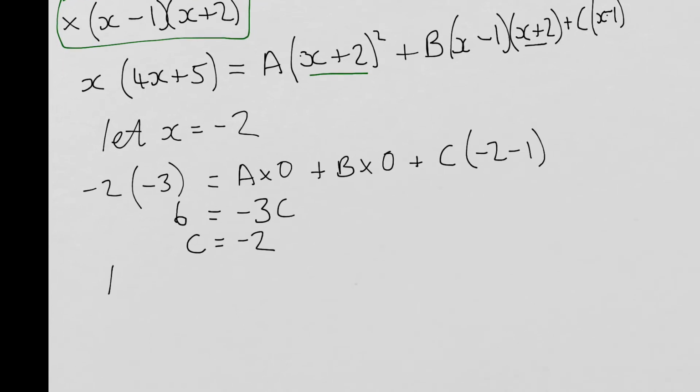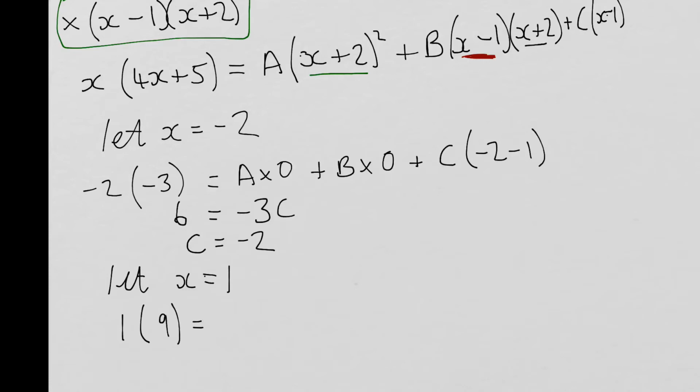Let's have a look at the next one. So here I'm going to let x be equivalent to 1, because that will then allow this bracket here to be equivalent to 0. So on my left hand side I'll have 1 times by 4 plus 5, which is 9.